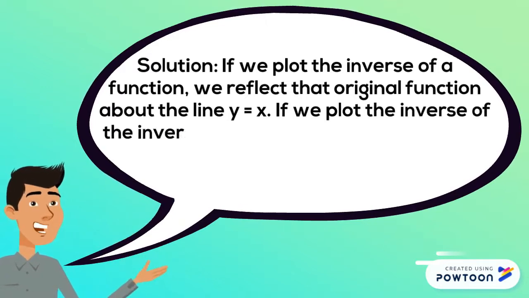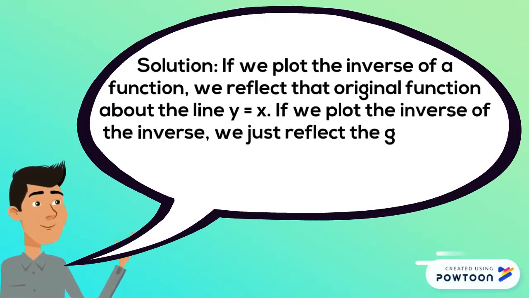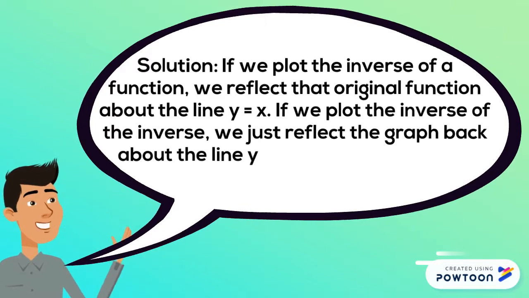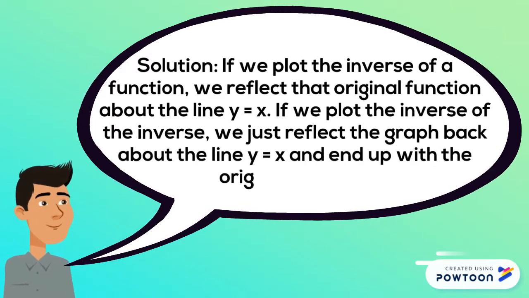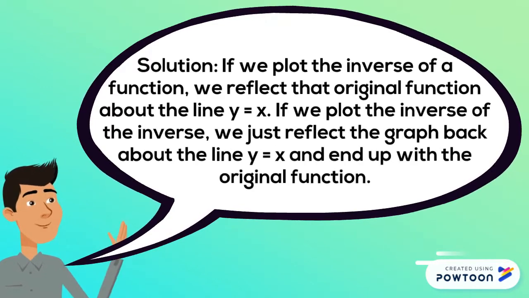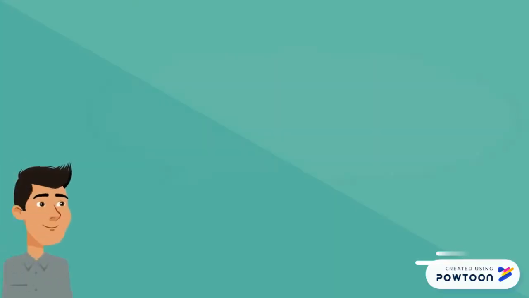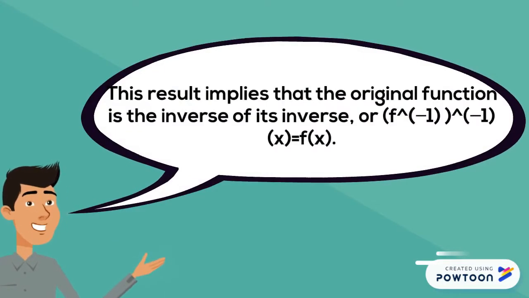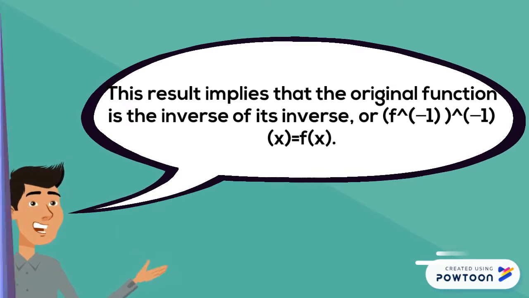If we plot the inverse of the inverse, we just reflect the graph back about the line y is equal to x and end up with the original function. This result implies that the original function is the inverse of its inverse, or the inverse of an inverse function is f of x.